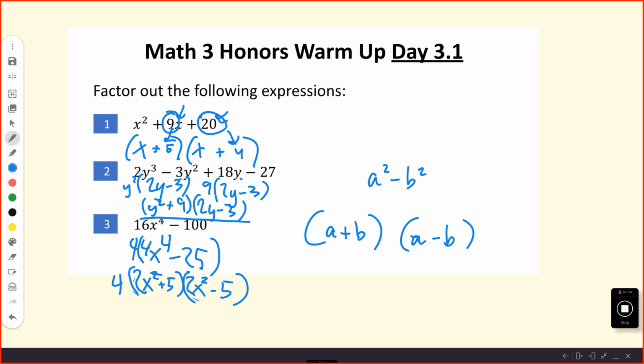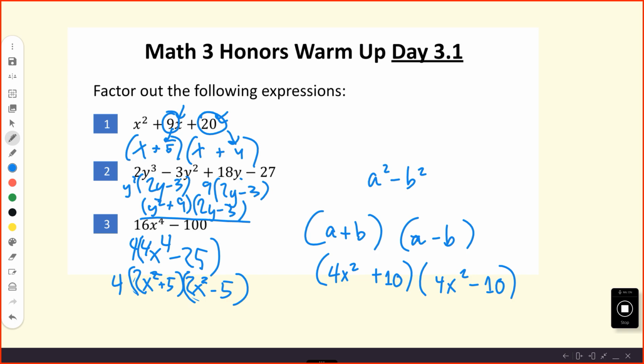So some of you did, so the square root of 16x to the 4th is 4x squared, and the square root of 100 is 10. So you did plus 10 and then minus 10. So some of you wrote this as your answer. But again, if you're asked to simplify, that's not the final answer, okay? Because you can still simplify this.